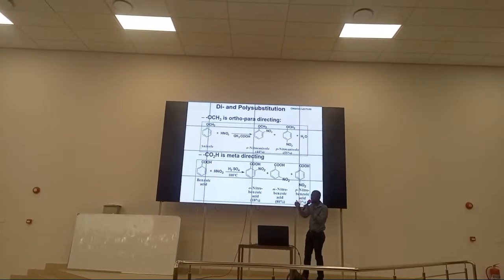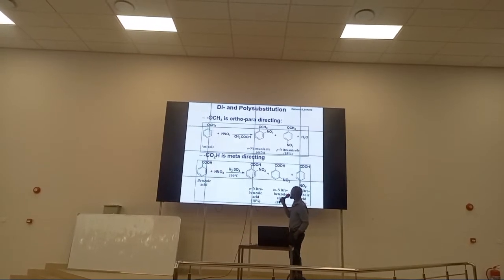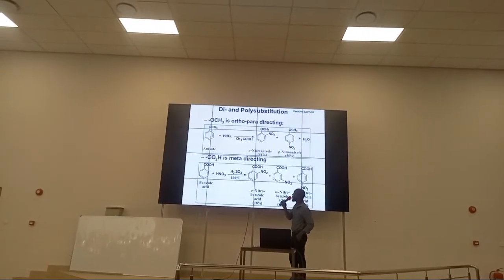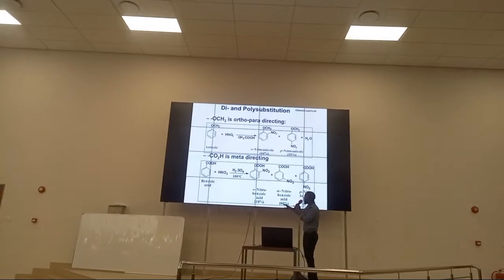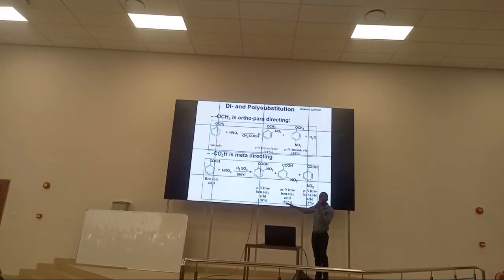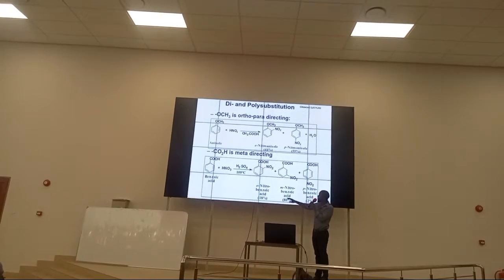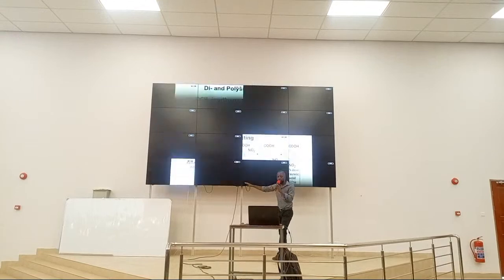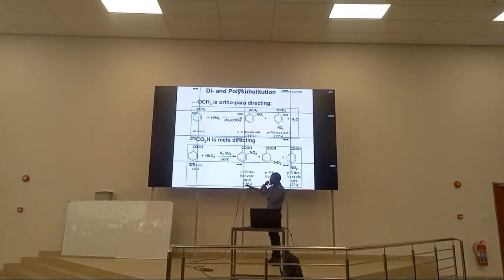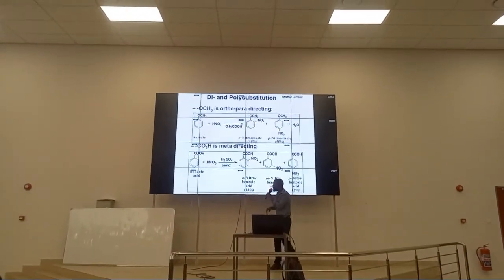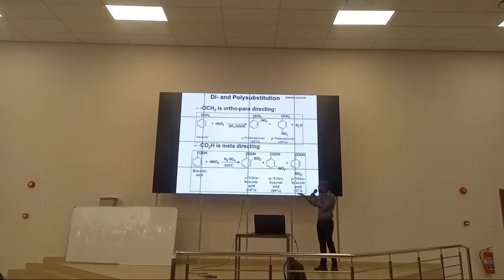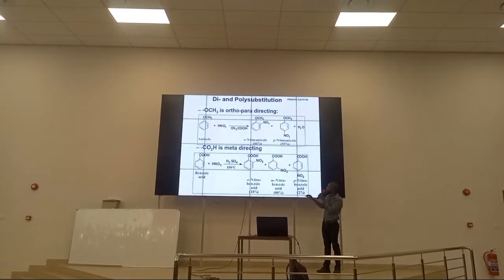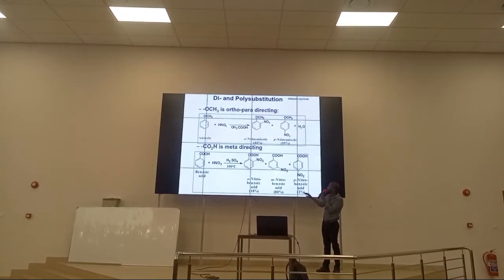So in short, if you have, for instance, 100 molecules of benzoic acid, about 80 of them will react to form meta-nitrobenzoic acid, and then about 18 of them will react to form ortho-nitrobenzoic acid, and then the rest, about 2 of them, just 2 out of 100, will react to form para-nitrobenzoic acid.